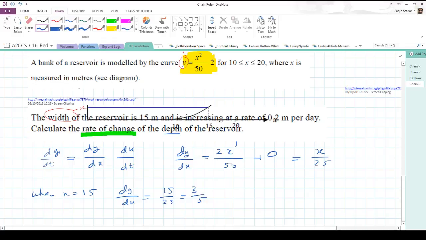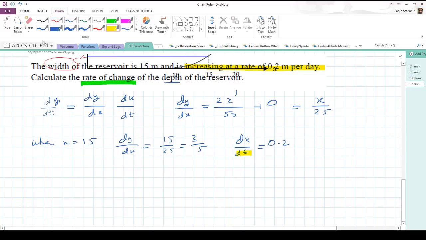But the rate of increase is 0.2 meters per day. So we've been told dx over dt is 0.2. They've said it's increasing at a rate of, again that word rate has come up, so it's 0.2 meters per day.